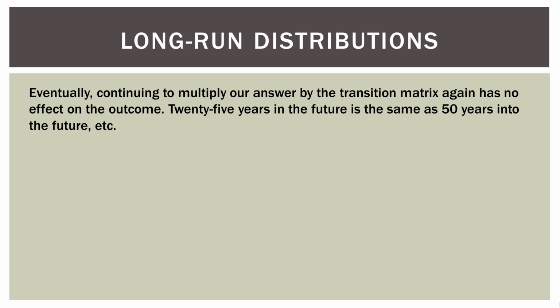When continuing to multiply our answer at each step by the transition matrix, we get an answer, we run it through another transition, we get an answer, we run it through another transition, etc. Once we do that over and over and over again, it ceases to have any effect on the outcome. The probabilities do not change. So 25 years into the future is the same as 50 years into the future.